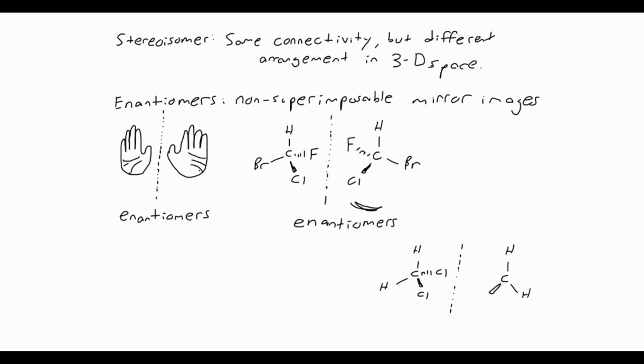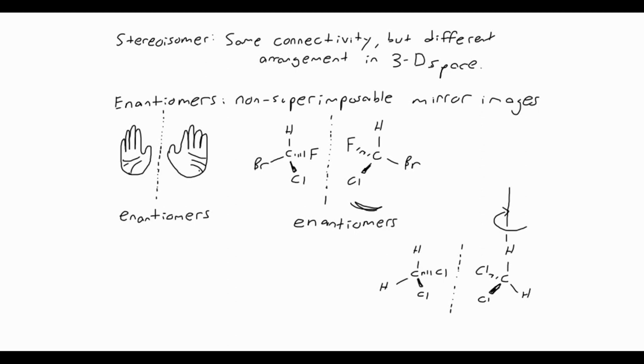Have our two chlorine atoms here. So these are also mirror images, right? We've flipped everything over. But what you can do is just rotate this molecule around that axis, and it'll look exactly like the one on the left.